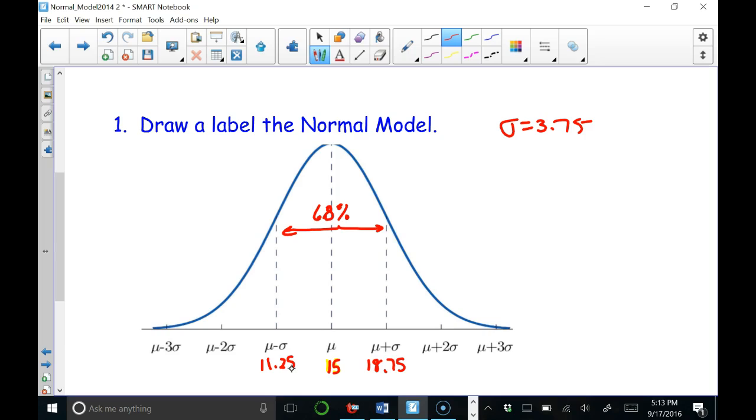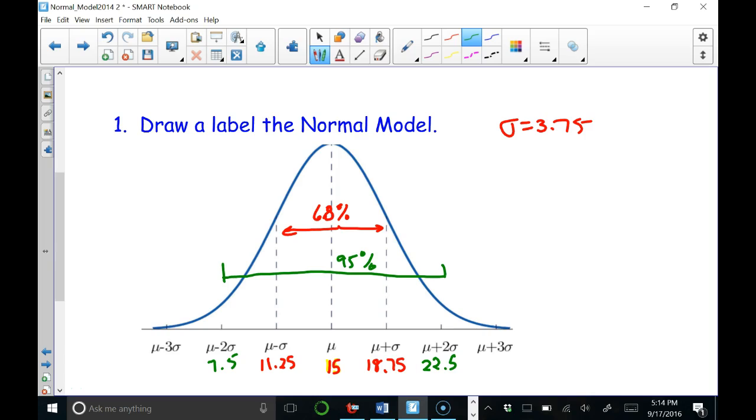and I believe these are milliseconds. I could be wrong there. If I go out 2 standard deviations, I'm just going to add another 3.75, which puts me at 22.5. And on the other side, 7.5. And if I go out those 2 standard deviations, I should be hitting 95% of people's times.